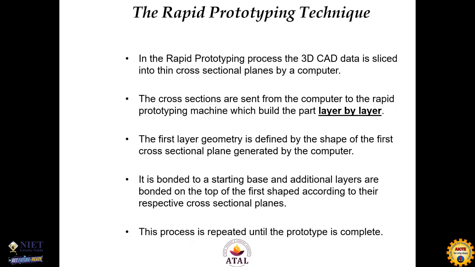The first layer geometry is defined by the shape of the first cross-sectional plan generated by the computer. It is bonded to the starting base, and additional layers are bonded on top of the first according to their respective cross-sectional plans. This process is repeated until the prototype is completed.